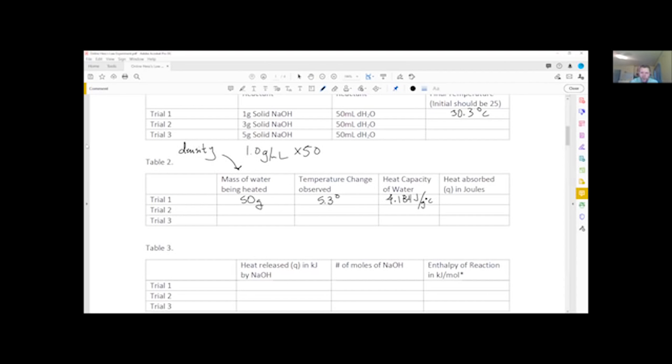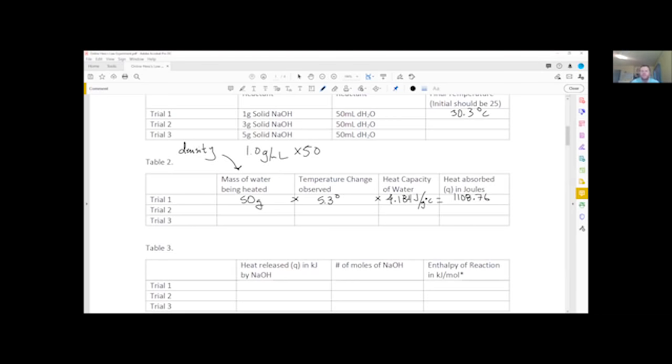Now I've set this table up, so all that you have to do is 50 times 5.3 times 4.184, and that is equal to, I'm going to use the calculator on my computer, 50 times 5.3 times 4.184. And that is going to be 1108.76. Units there are joules, because remember our heat capacity was joules per gram degree Celsius.